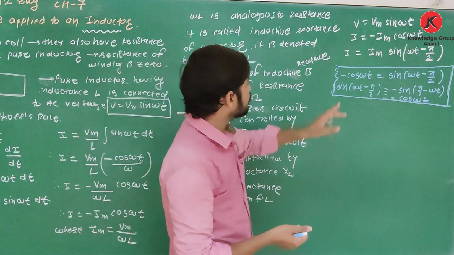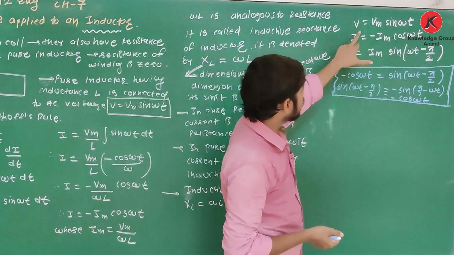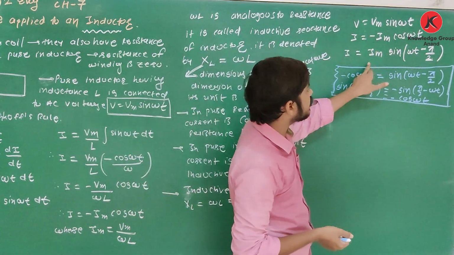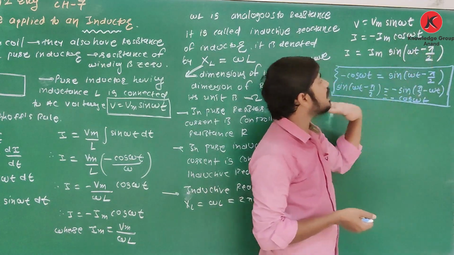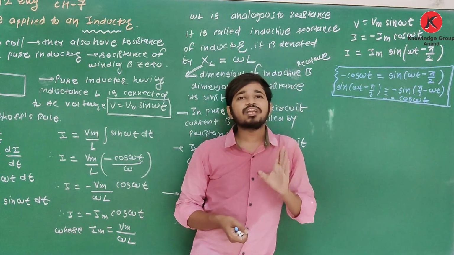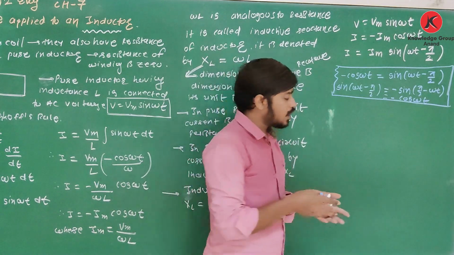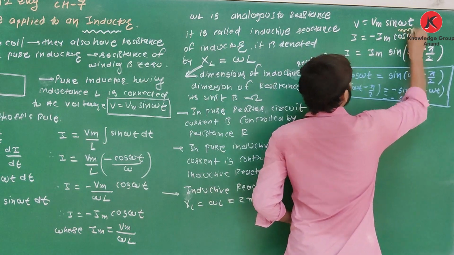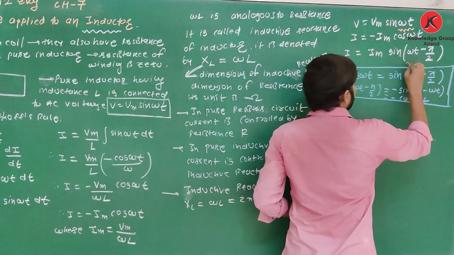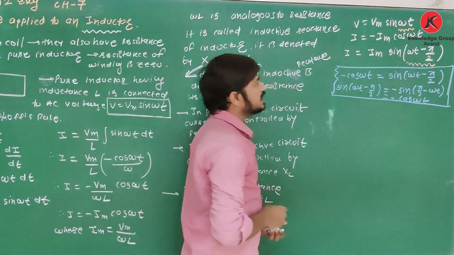Now observe, see, V is equal to Vm sine omega t, I is equal to Im sine omega t minus pi by 2. What is phase of voltage? It is omega t. While what is phase of current? It is omega t minus pi by 2.